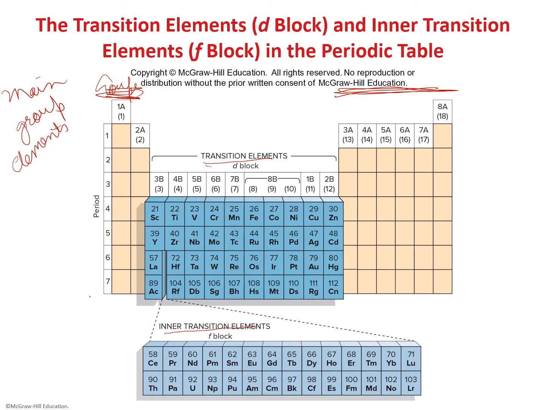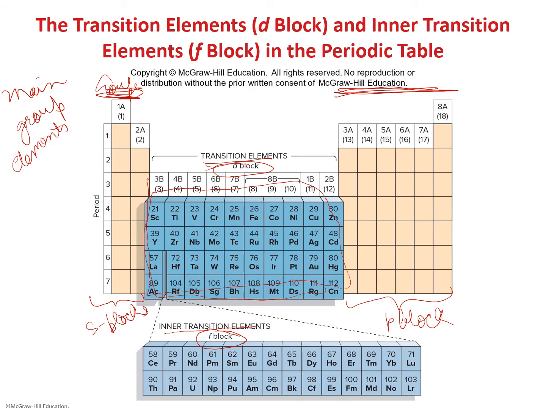If you remember, the first two blocks are called the S block elements. These groups between 3A to 8A are called the P block elements. This middle portion that you see, which is the transition metals, the whole middle section, is called the D block elements. And this block that has been cut out from the periodic table is called the F block elements.